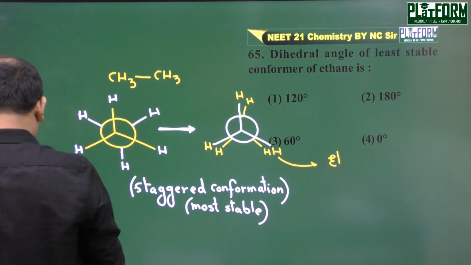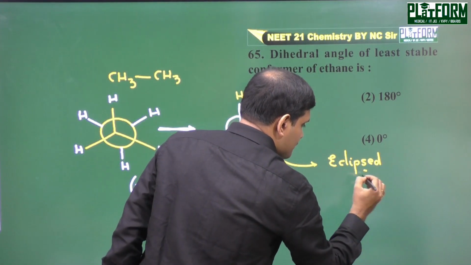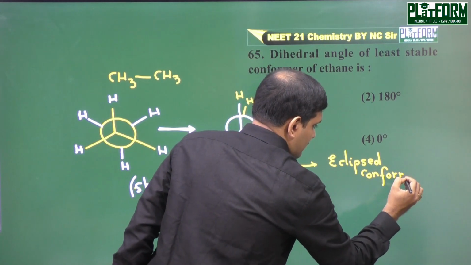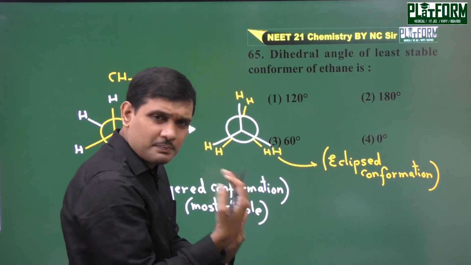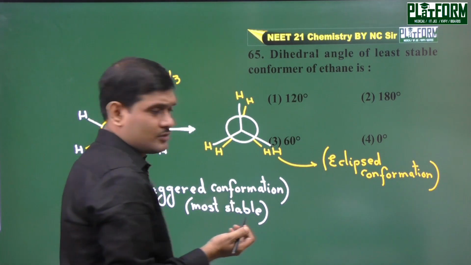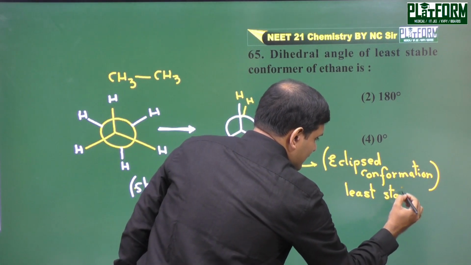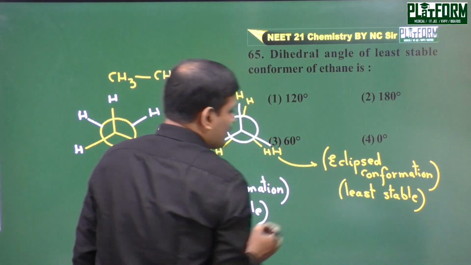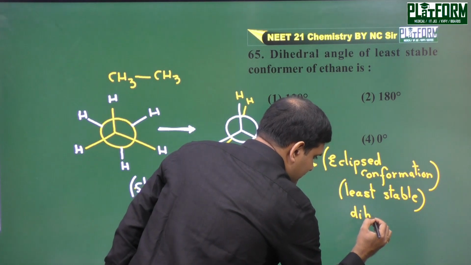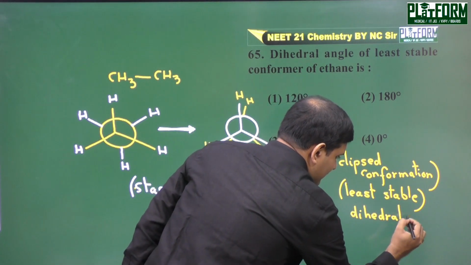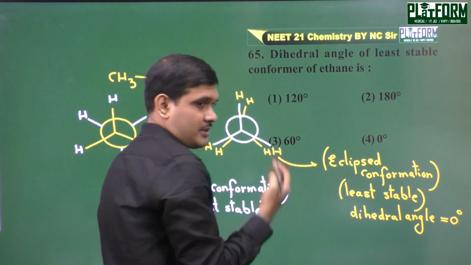In the eclipsed conformation, the hydrogens will repel each other to some extent, so it is the least stable, where the HH dihedral angle is 0 degrees, no dihedral angle, they are eclipsing.